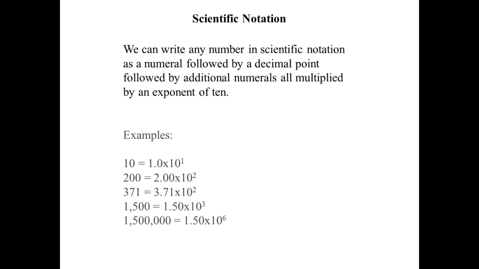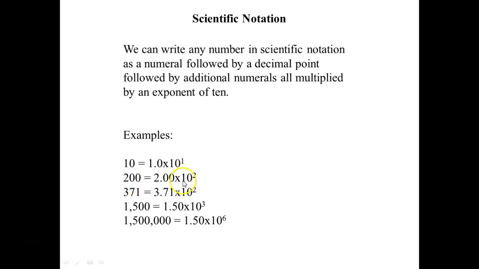So scientific notation is using exponents, right? So 10 written as an exponent. And you're always going to have one whole number and then your decimal. So in this case, right, we move the decimal over 1, and so that's 10 to the first power, which is basically just 10. For 200, right, we move our decimal 2 places, right?